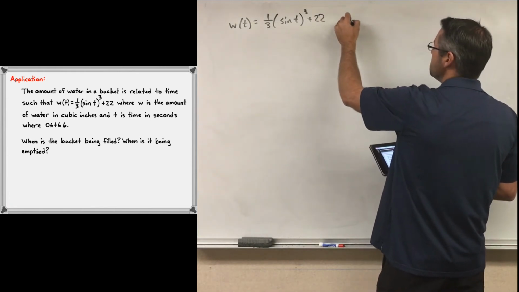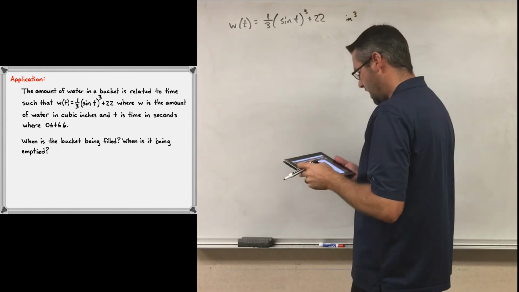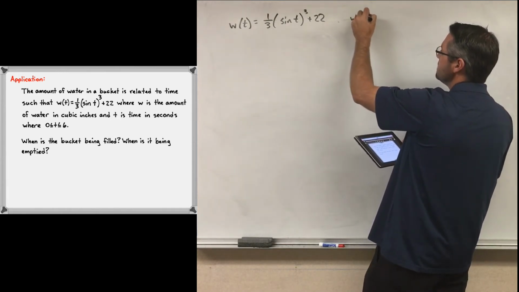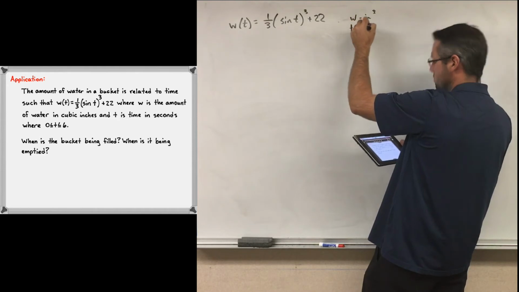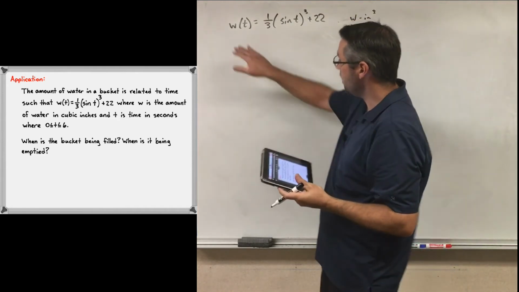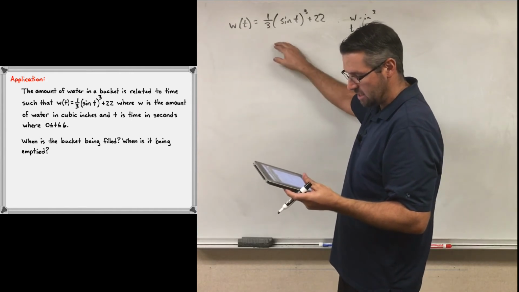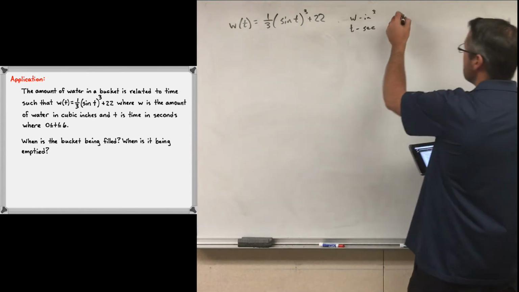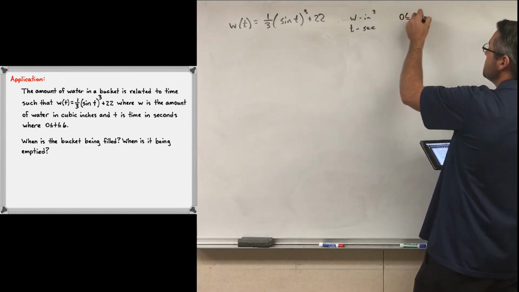So we're going to say inches cubed is the units on that. W is inches cubed, and t is measured in time in seconds, okay? So this is how much water is in a bucket at a given time, over the interval 0 to 6. I'll go ahead and write that down too, 0 to 6.